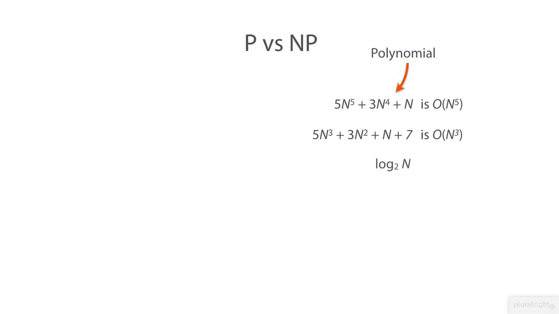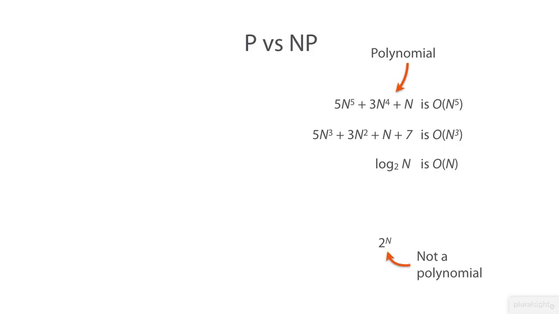The logarithm is not a polynomial, but an algorithm that runs in logarithmic time is still polynomial because the logarithm of n is covered by, for example, big O of n, and n is a polynomial, a very simple one, but still a polynomial. An expression that is not a polynomial is the exponential function like this one.